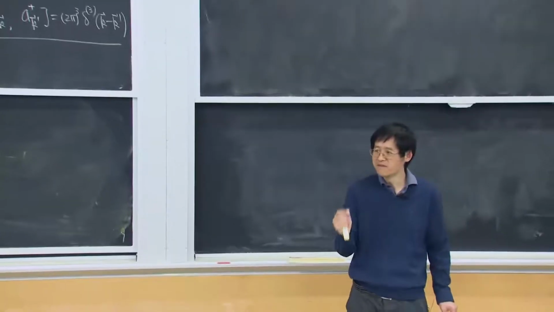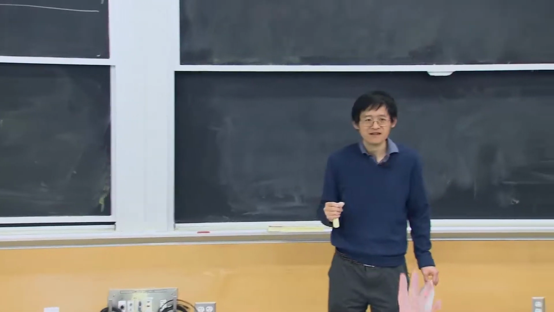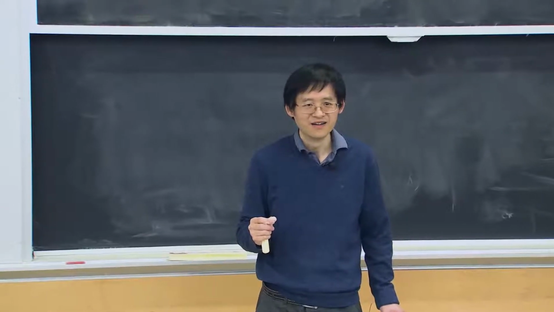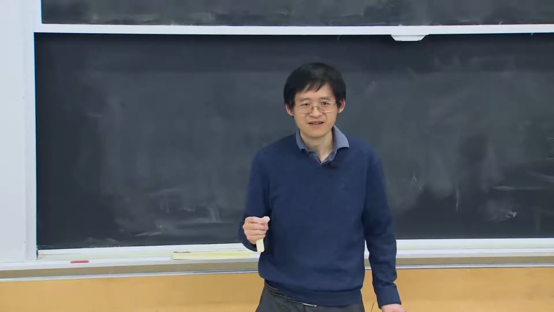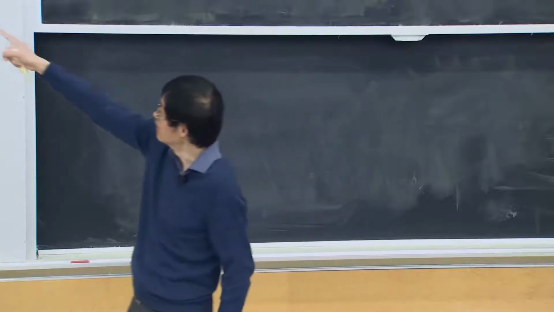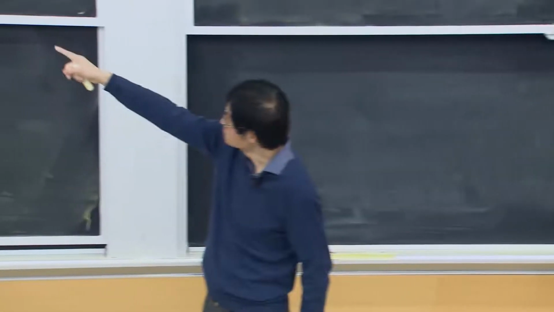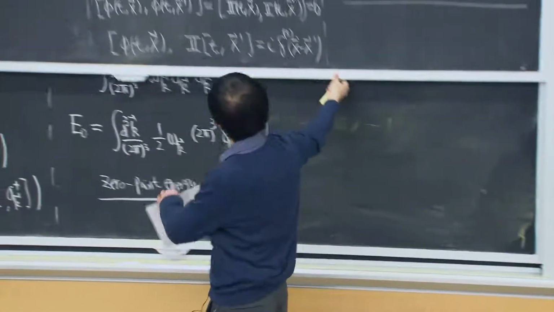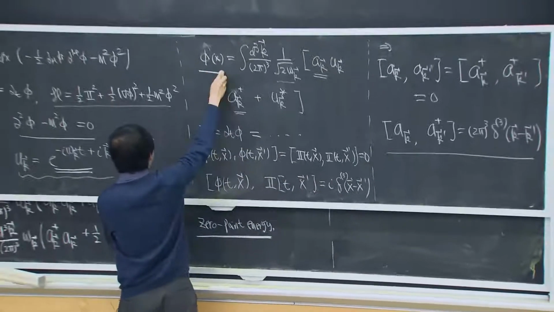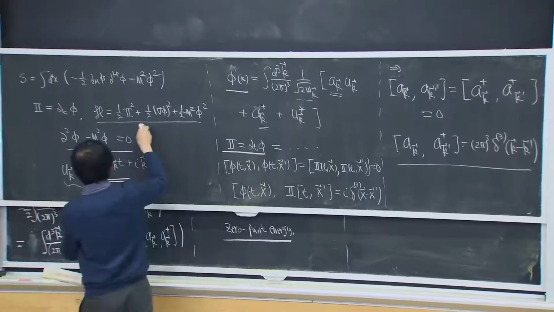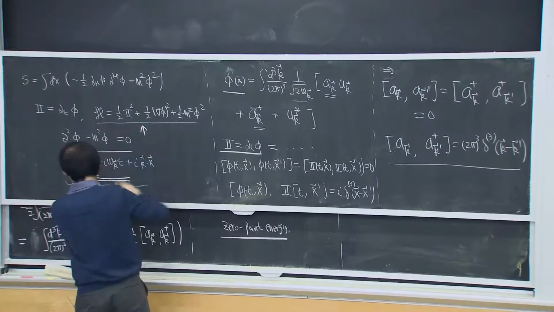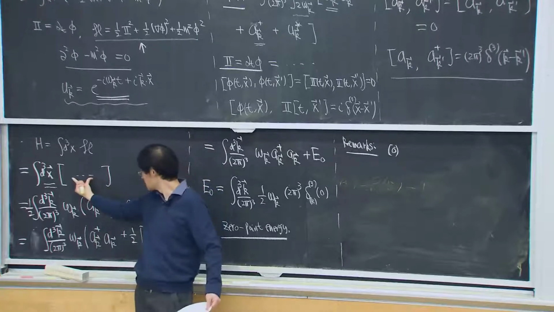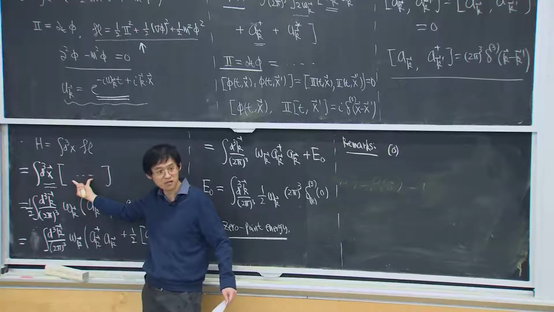Do you know why? The Hamiltonian doesn't explicitly depend on time, right? No, phi is time dependent, pi is time dependent. If you plug those expressions into here, certainly inside there is explicit time dependence.